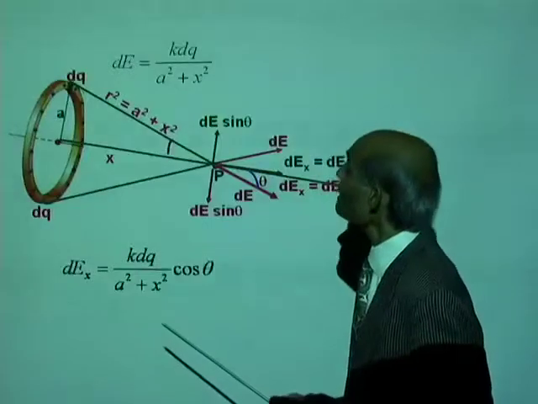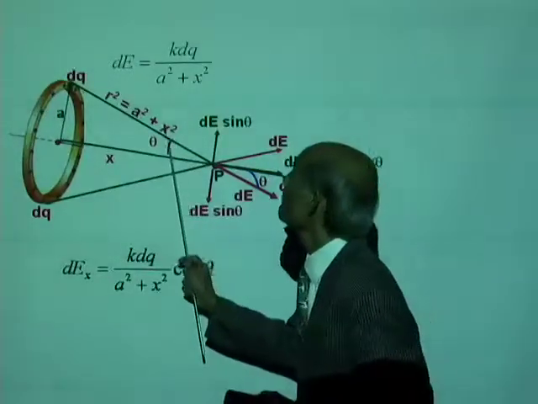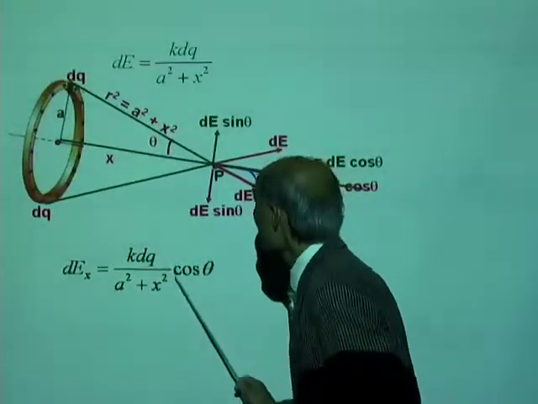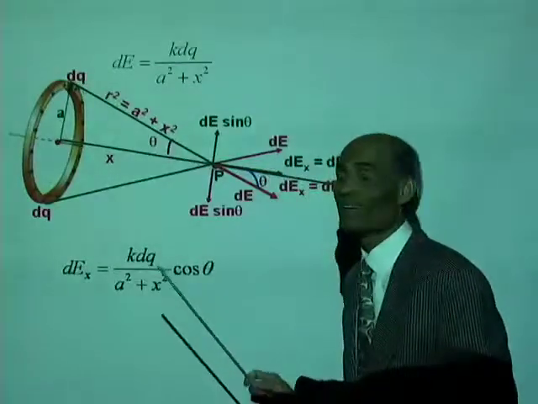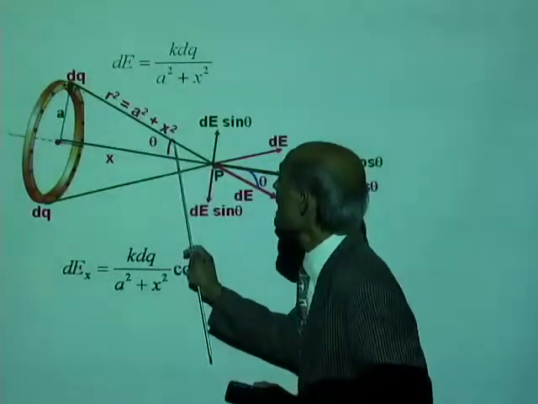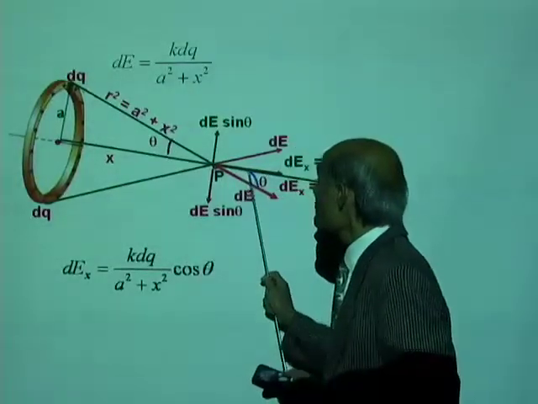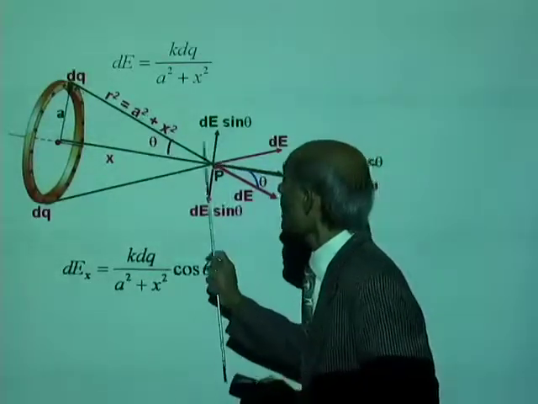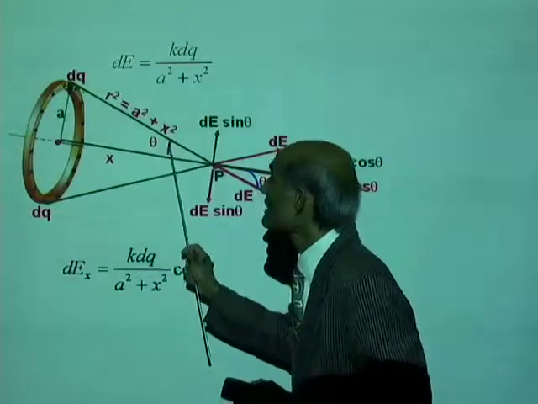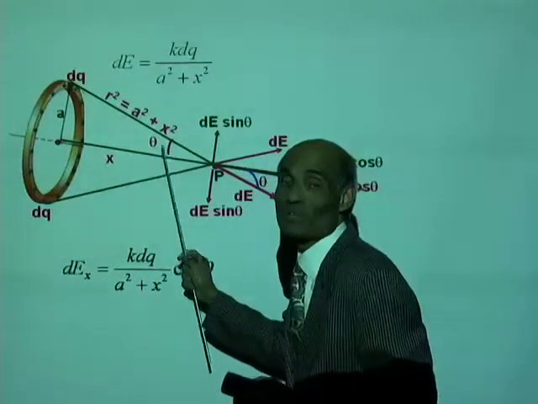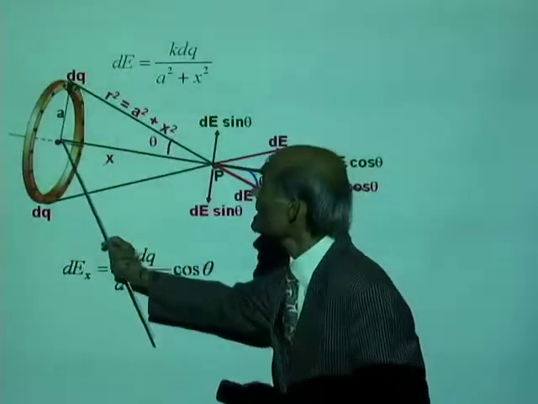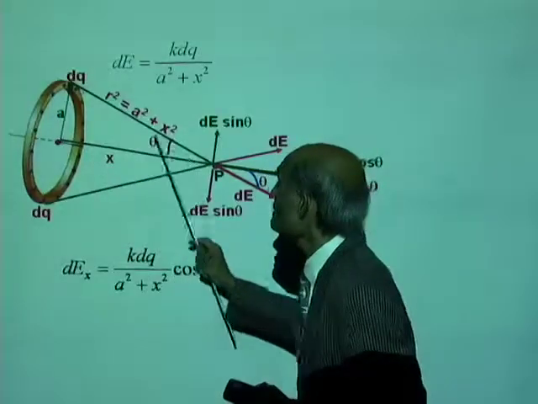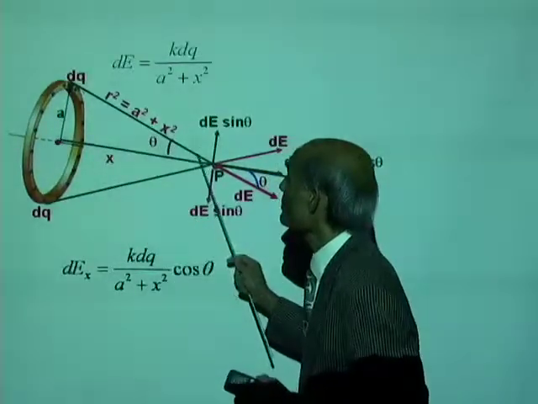Now, what we need to do is find the value of cos theta. Can you find the value of cos theta? If this angle is theta, then the angle opposite to that is also theta. What is cos theta? Cos theta is adjacent side divided by hypotenuse.